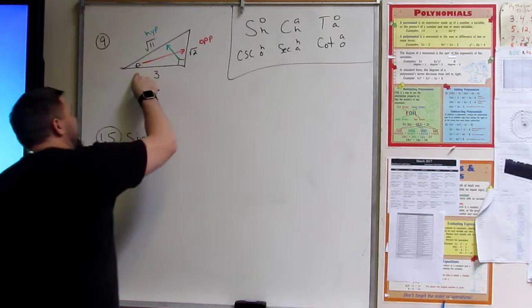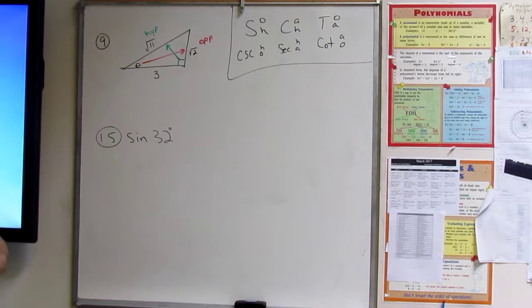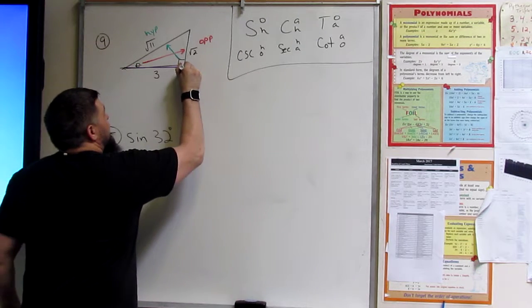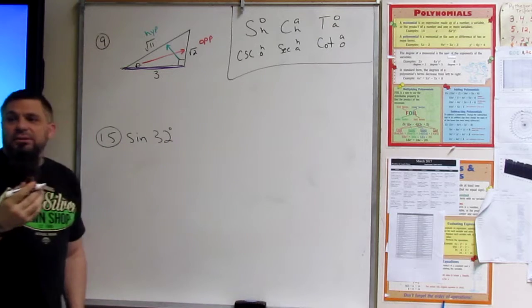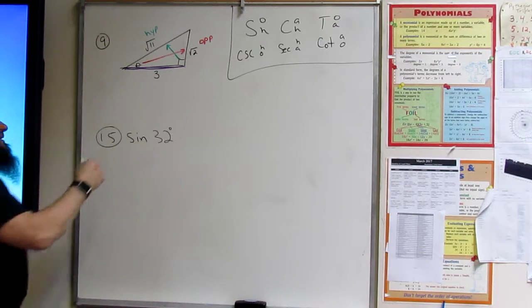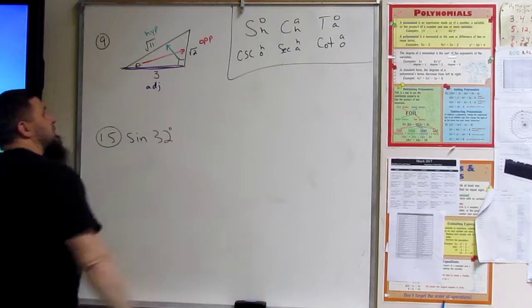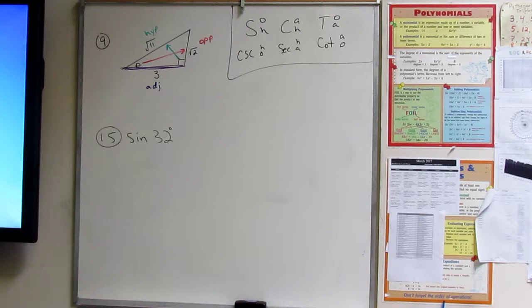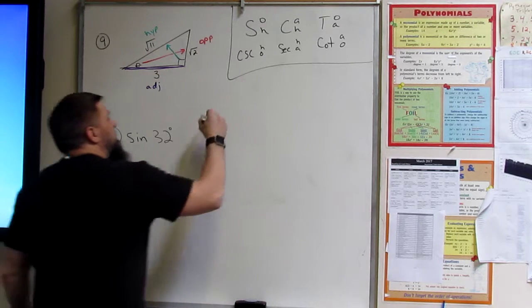The opposite side is opposite of the angle that we're talking about, in this case theta. And the side that connects the right angle to theta, that's the adjacent side.